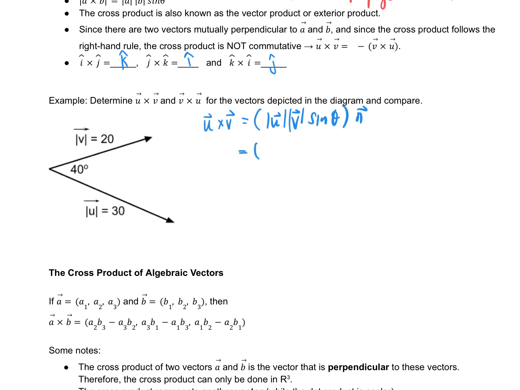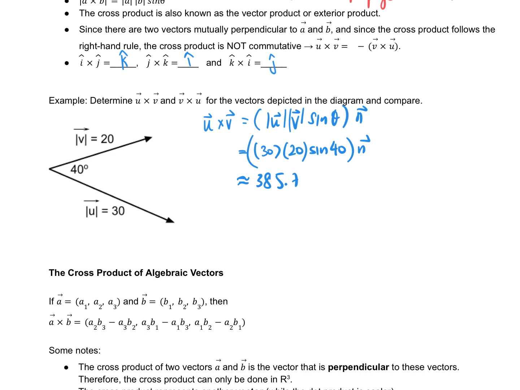Okay, so magnitude is 30 and 20 and sine 40 for the angle. And if we punch that into our calculator, we get approximately 385.7 units.